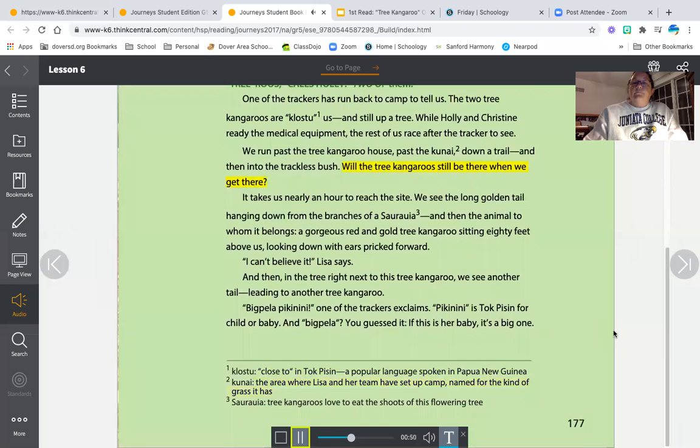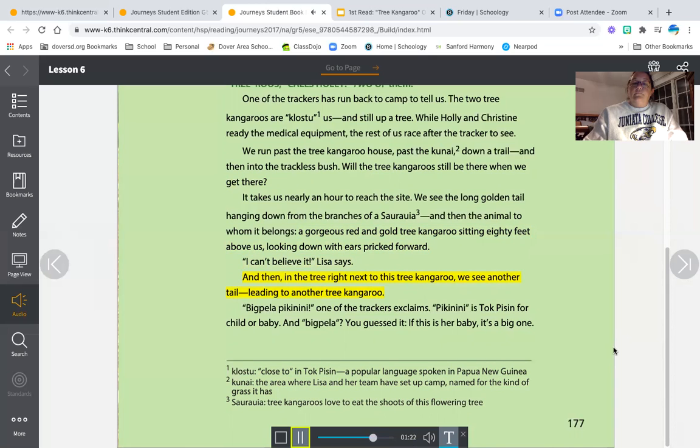Will the tree kangaroos still be there when we get there? It takes us nearly an hour to reach the site. We see the long golden tail hanging down from the branches of the Sararia. Tree kangaroos love to eat the shoots of this flowering tree. And then the animal to whom it belongs, a gorgeous red and gold tree kangaroo sitting 80 feet above us, looking down with ears pricked forward. I can't believe it, Lisa says.